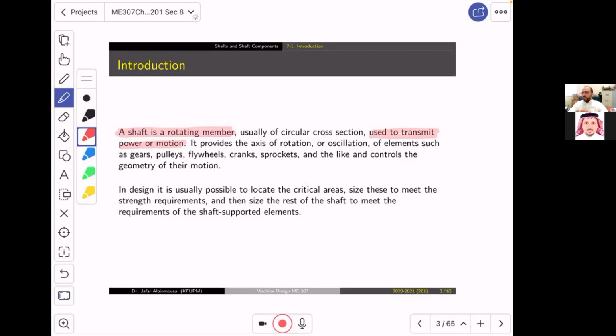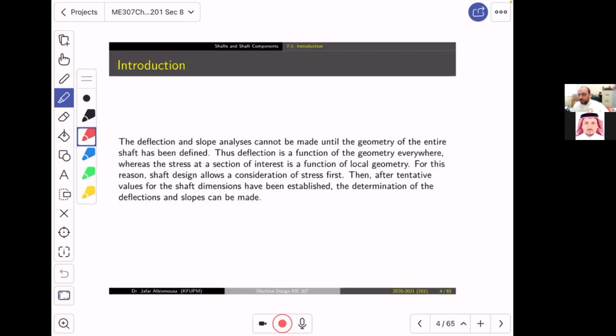It doesn't mean that they have the same diameter, which we are going to see next. Now, there are two important factors for shafts. The first one is the safety of the shaft with respect to yielding and fatigue, for example. And this is usually guaranteed by calculating the factors of safety, NY and NF.